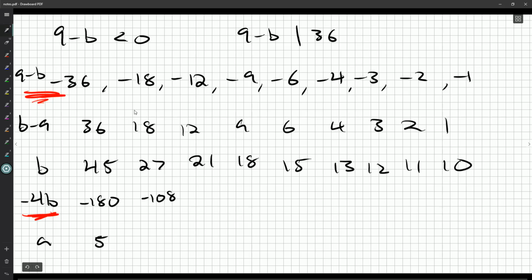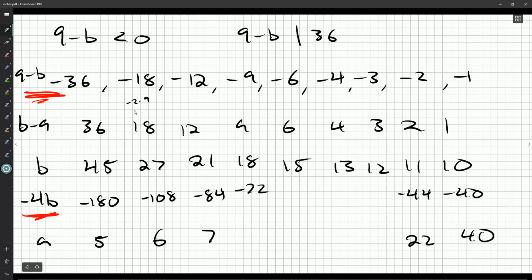We'd have negative 108 divided by negative 18. Both of them are multiples of 9, so this is negative 12 times 9, and this is negative 2 times 9. So we should get a is 6. Negative 84, so that's 7. Negative 72, so a is 40.